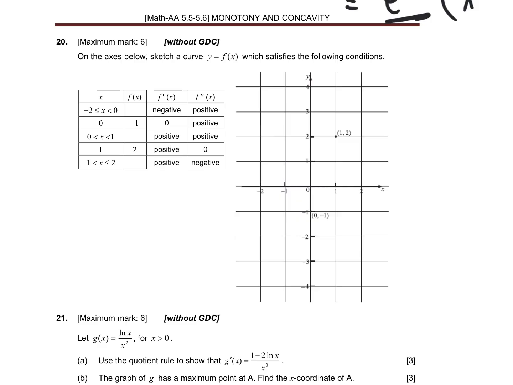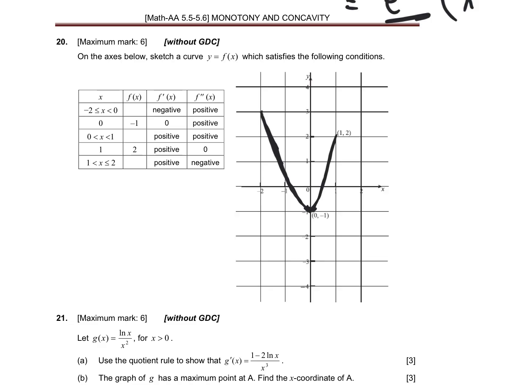And then that's a minimum because the gradient's 0 there and it's still concave up. Okay, so then from 0 to 1 it's positive, so we need to go up, and it's still concave up, that's fine. Maybe I need to make that a little, because we need to connect it with that 0.12.